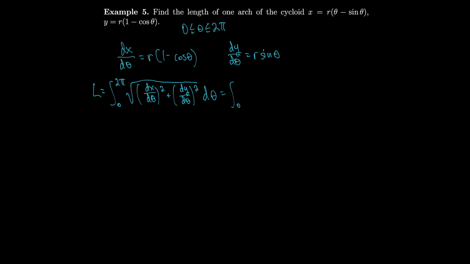So we get the integral from 0 to 2 pi of the square root of r squared times (1 minus cosine theta) squared plus r squared times sine squared.